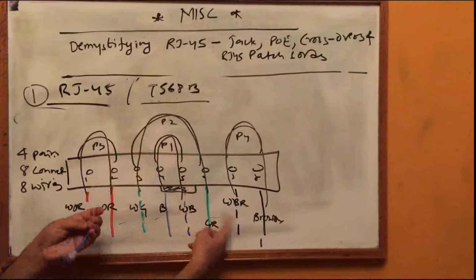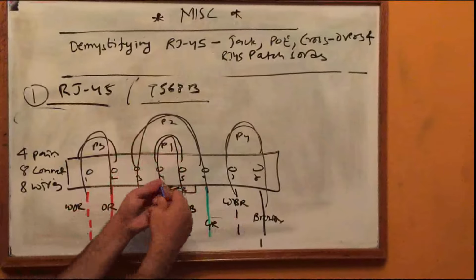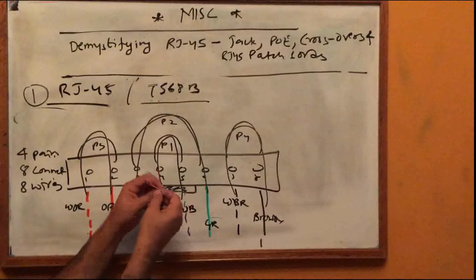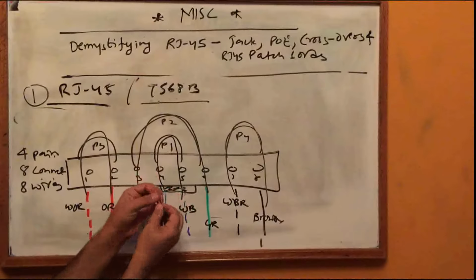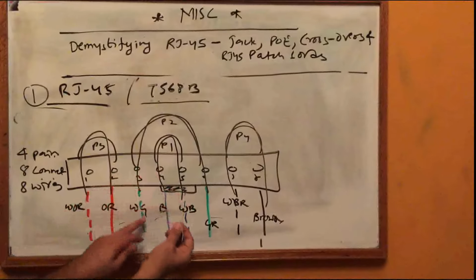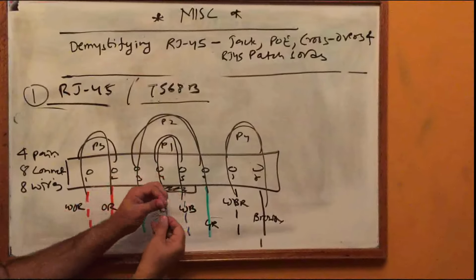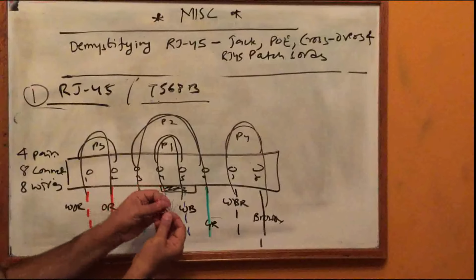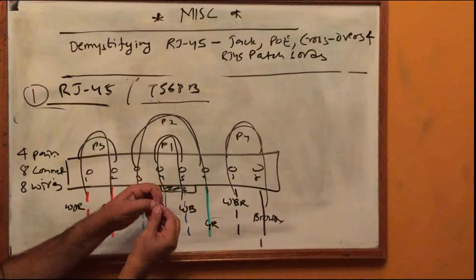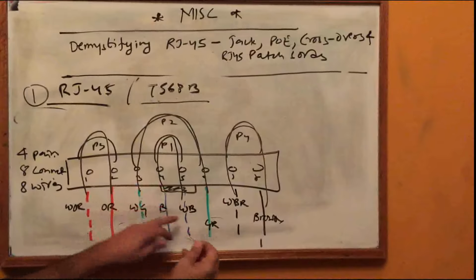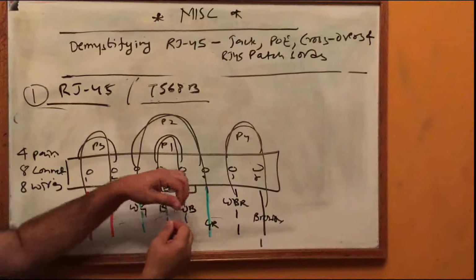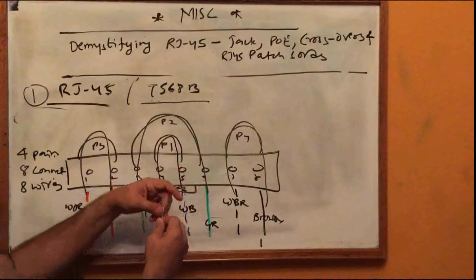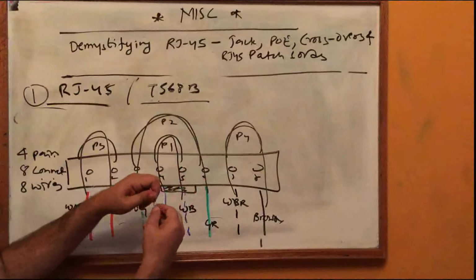So if you try to put this in this particular fashion, you'll put it white orange, orange, white green, blue, white blue, green, then white brown, and brown, right?